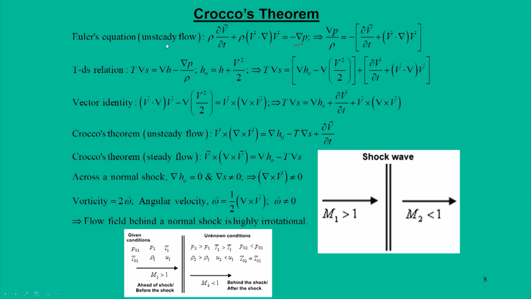This is the fluid mechanics equation, and the corresponding thermodynamic relation we write is TdS equal to dH minus VdP. Specific volume can be related as 1 by rho, and we can also introduce the total enthalpy, that is H plus V square by 2. So, replacing H by H naught, we rewrite this TdS equation in this form. We have two fundamental equations: one from the Euler equation, and second from the thermodynamic TdS relations, that is the combined first law and second law.